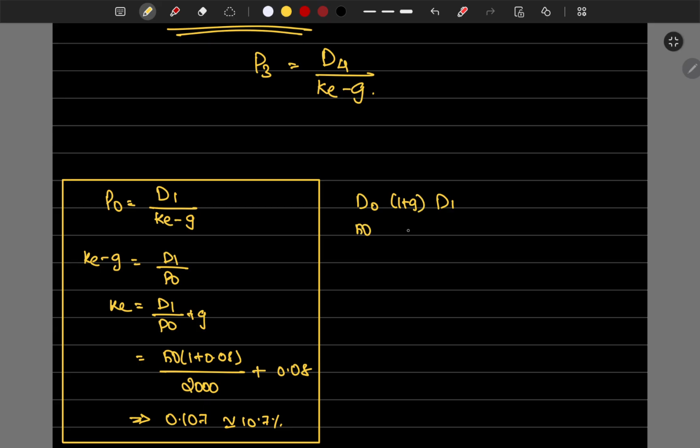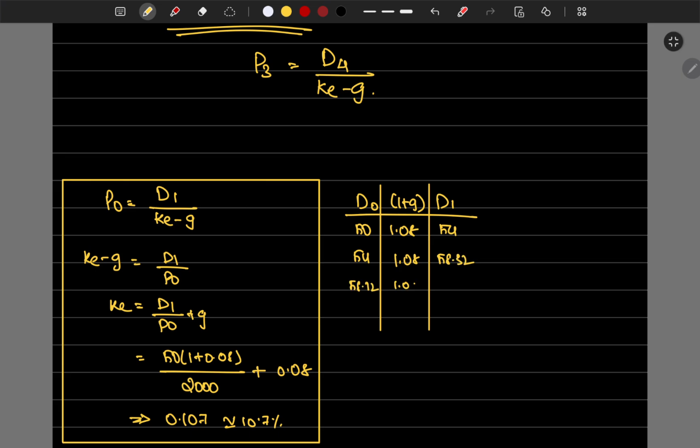D0 is 50, into 1.08. This is the structure I am following, so you can also use it. Which is 54. Put it here, 54. 54 into 1.08, which is 58.32.